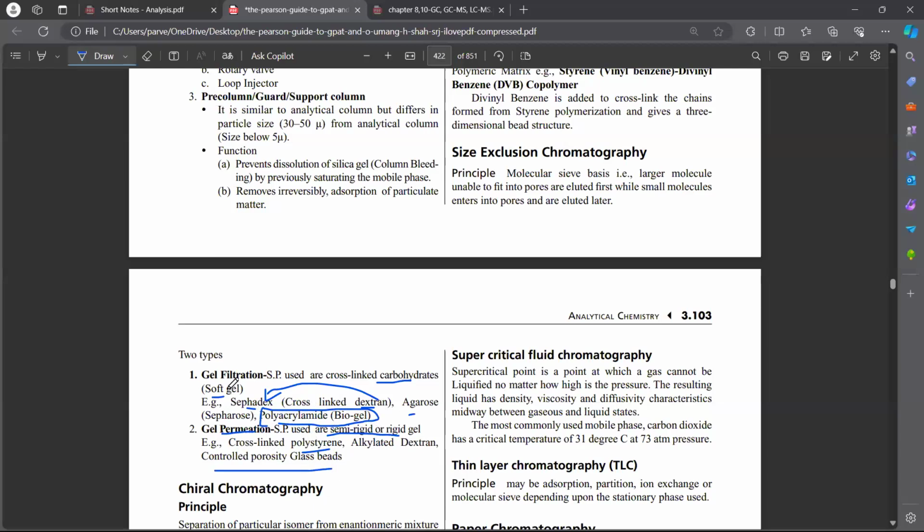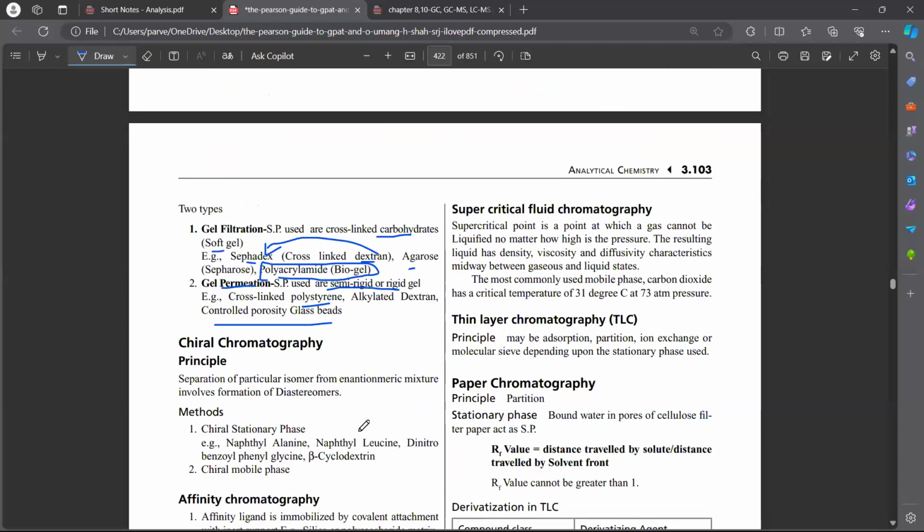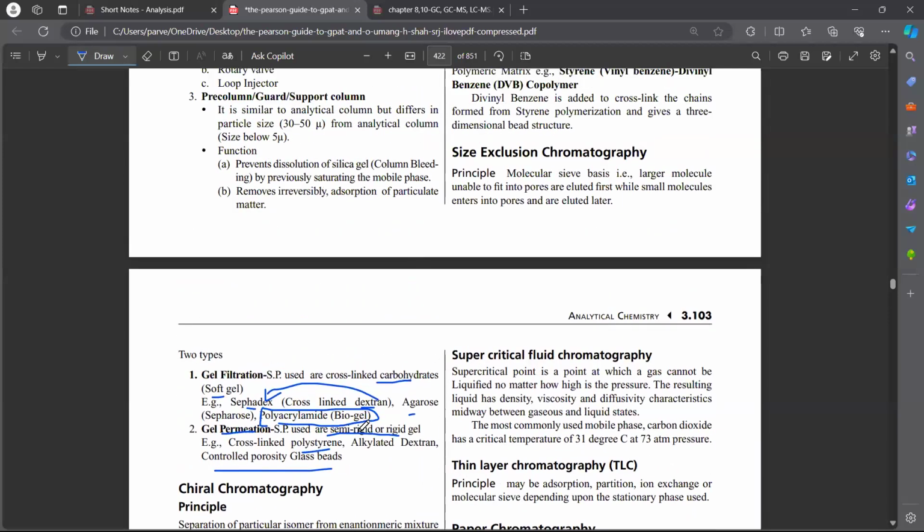Guys, what is the difference between gel filtration and gel permeation?